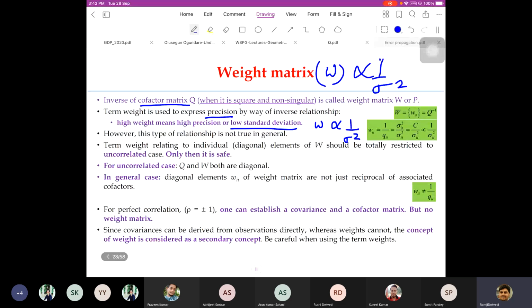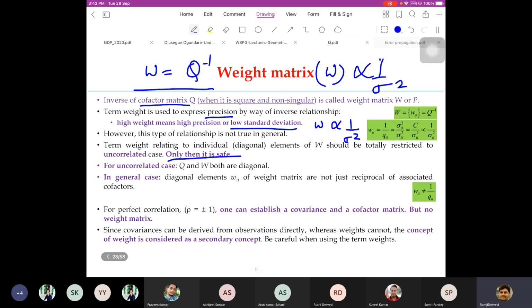Another point: the term weight relating to individual elements of W should be restricted to the uncorrelated case. Only then it is safe. That means simply saying that W is related to the cofactor matrix inverse will not help you, except when your observations are uncorrelated.